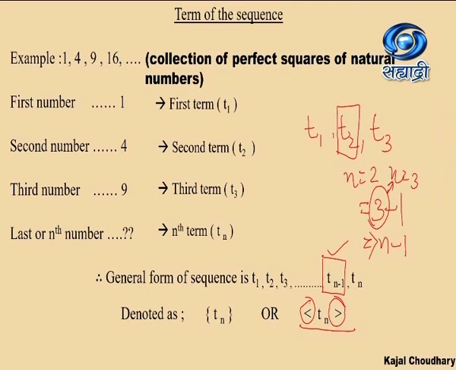Generally, we write it in curly brackets. Okay. And it will be read as the sequence Tn. That means a sequence of numbers till the nth position. N can vary depending on the sequence we are talking about.